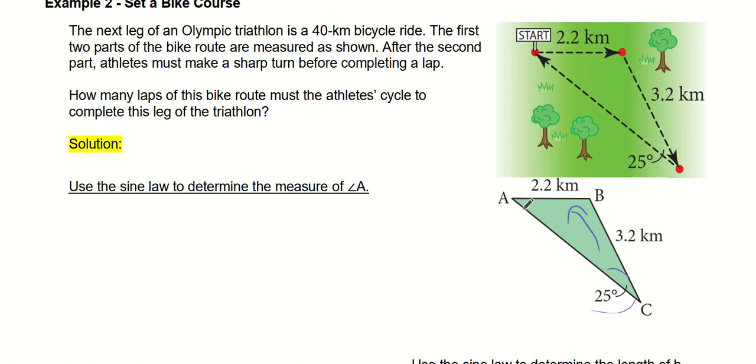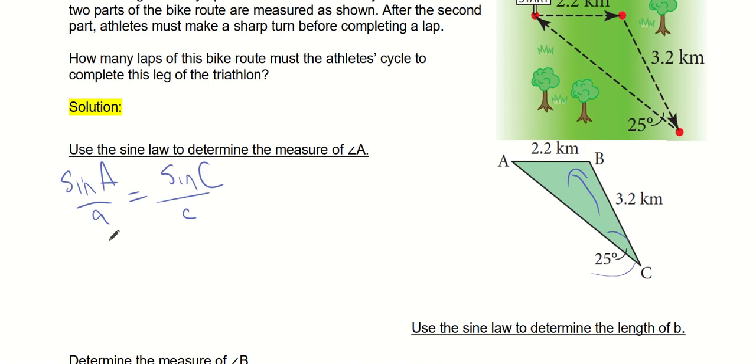Once we have this angle, we can find angle B, and everything becomes a lot simpler. So we can use sine A over small a equals sine capital C over small c. I'm going to rearrange the equation, and I don't have much space, so I'll try the best I can.